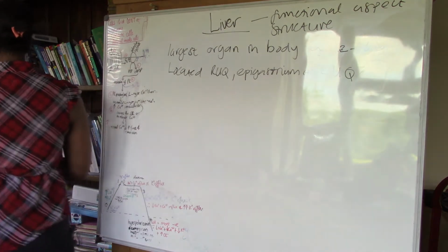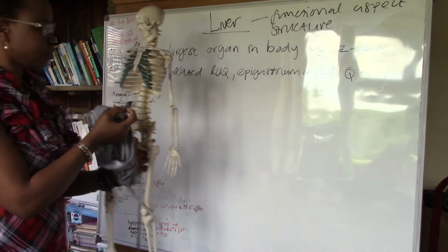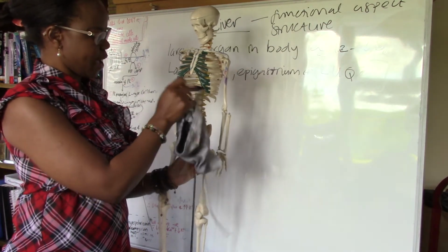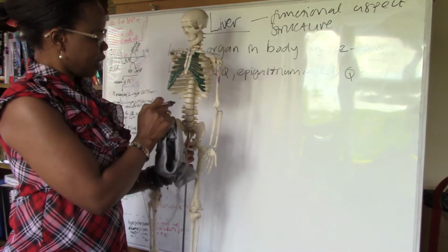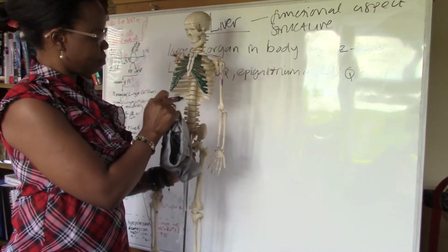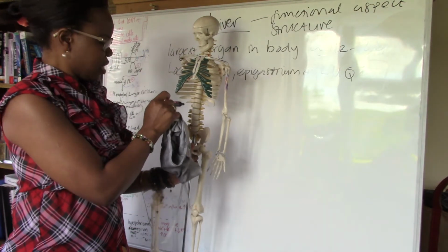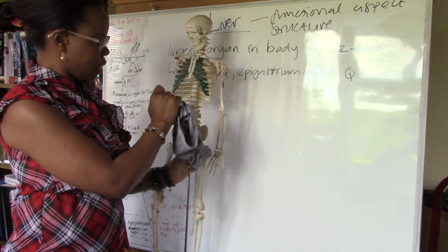So if I was to borrow my model, really it lies under the diaphragm. So the diaphragm will be there extending over. This is the abdominal cavity, and really it will lie here. And it will lie under the dome of the diaphragm.